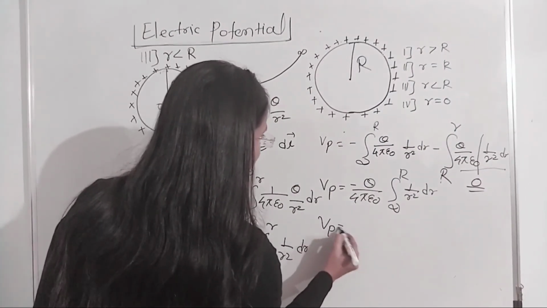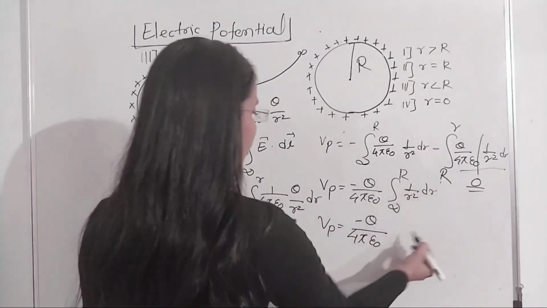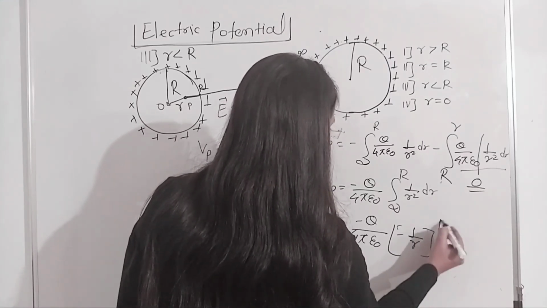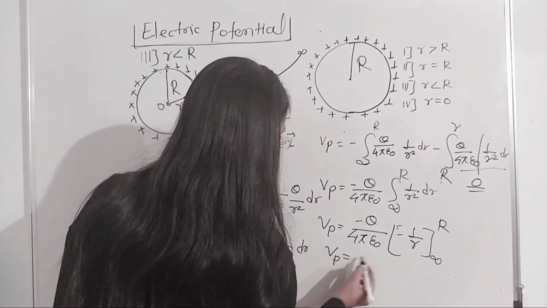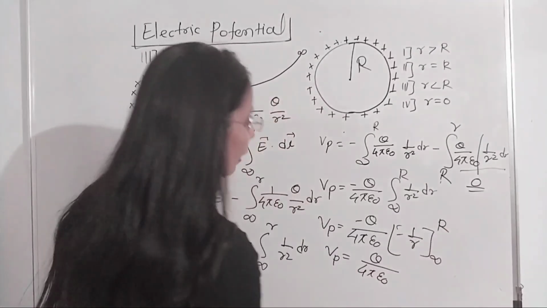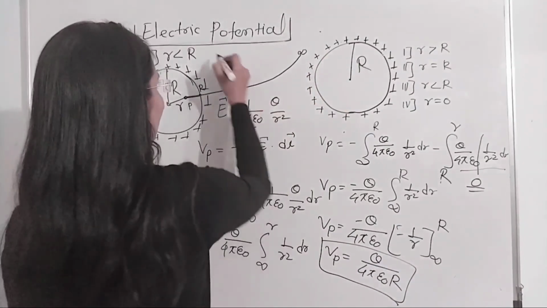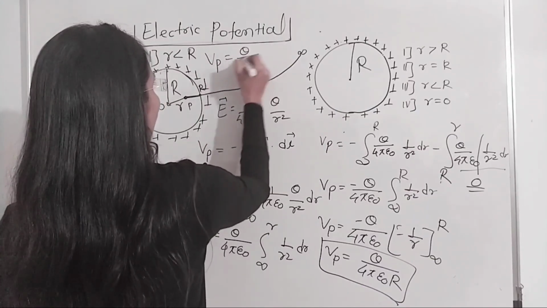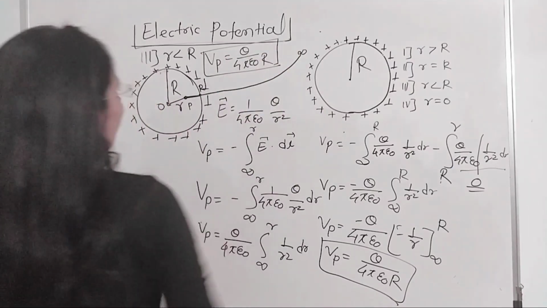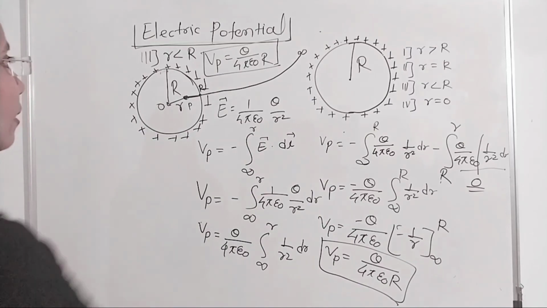So Vp is equal to minus Q by 4 pi epsilon naught, and the integration of this is minus 1 by R, with limit from infinity to capital R. So Vp is equal to Q by 4 pi epsilon naught, when we put the upper limit R. So Vp is equal to Q by 4 pi epsilon naught R. So this is the electric potential at a point inside the hollow sphere, at a point P.